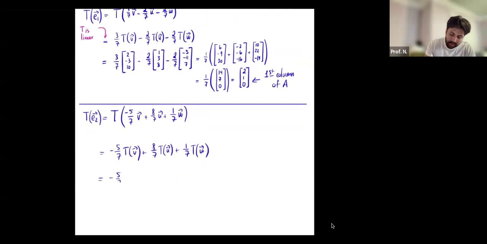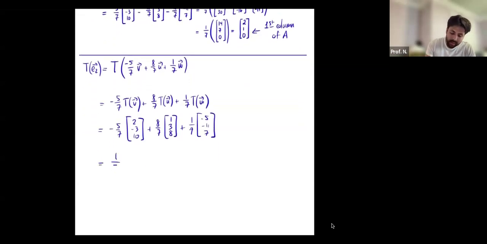This is negative 5/7 of (2, negative 3, 10) plus 8/7 of (1, 3, 8) and 1/7 of (negative 5, negative 11, 7).